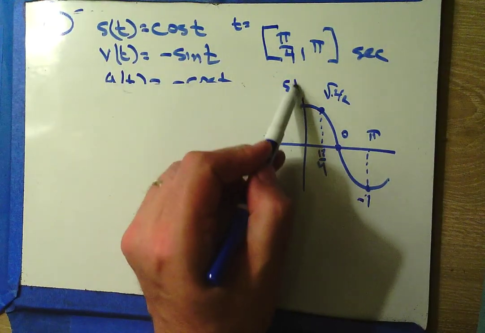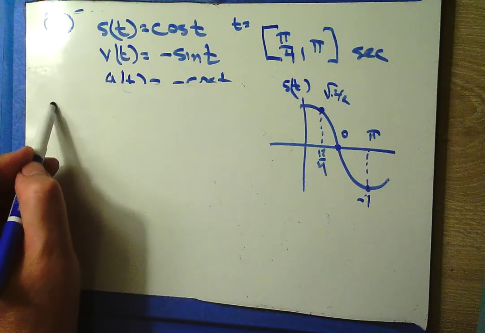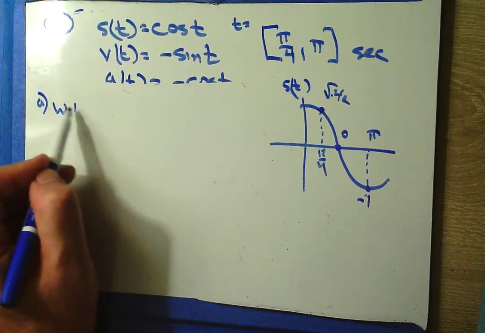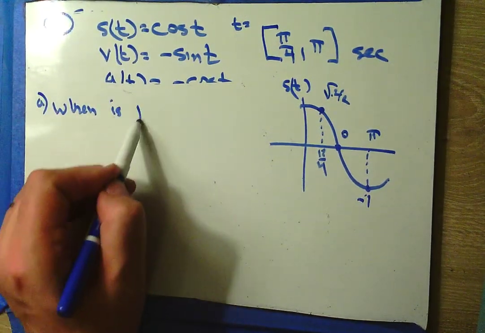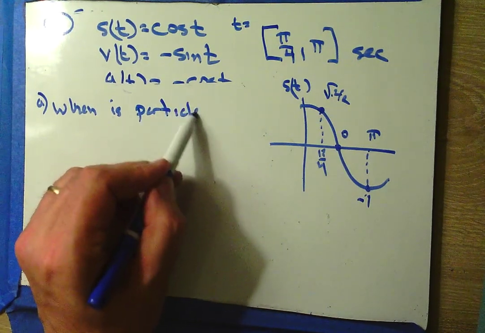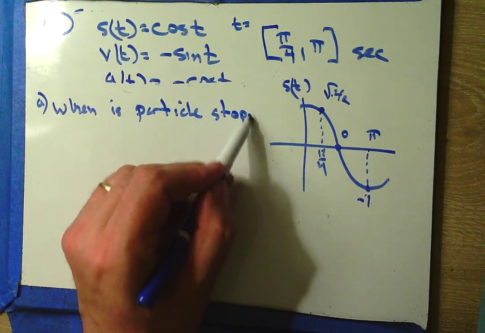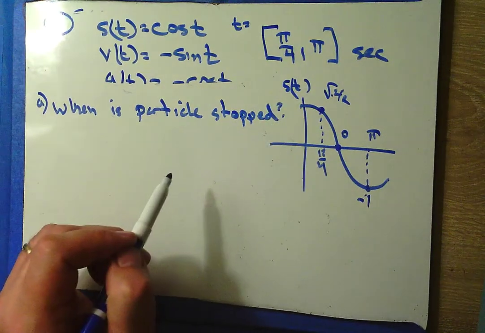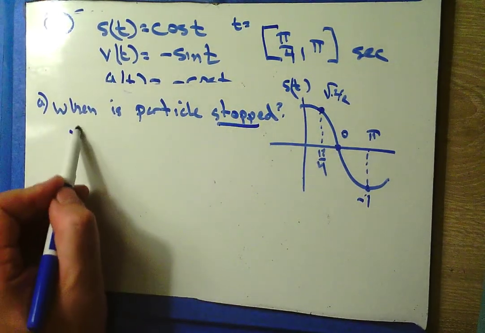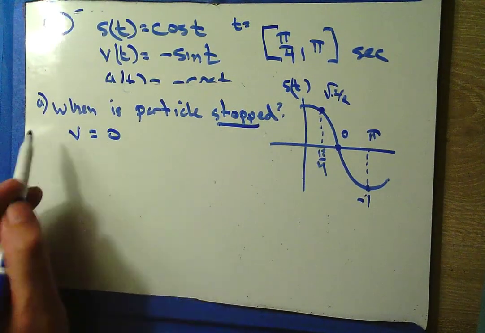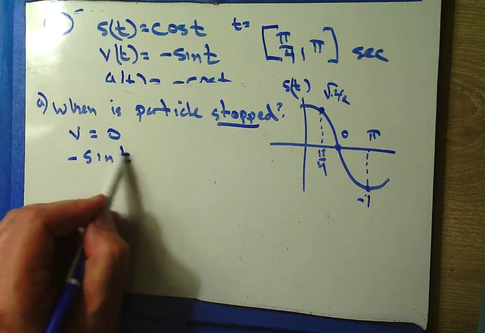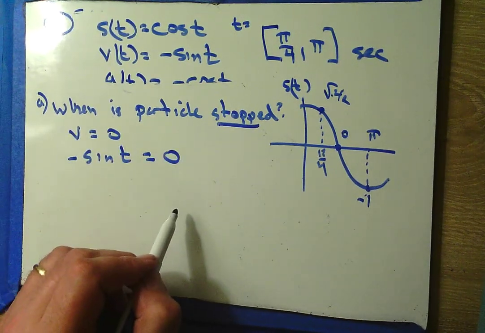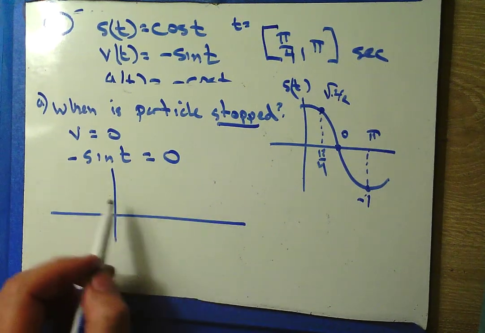This is S of t. I want to know when the particle is stopped. Well, stopped means velocity equals 0. So when does negative sine of t equal 0? Well, think about our sine graph.